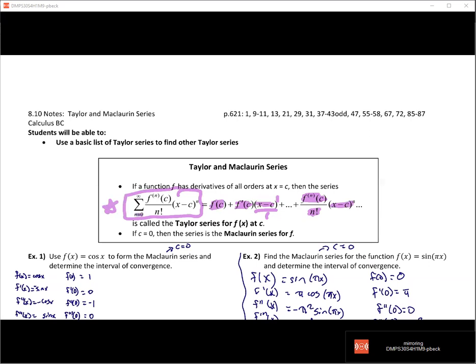Whether that series starts at n equals 0 or n equals 1 is going to be based off of the series, so we always have to keep that in mind. There's no such thing as a 0th derivative, technically, but moving right along. We have this Taylor series for our function at x equals c. And of course, if c equals 0, then we have a Maclaurin series.